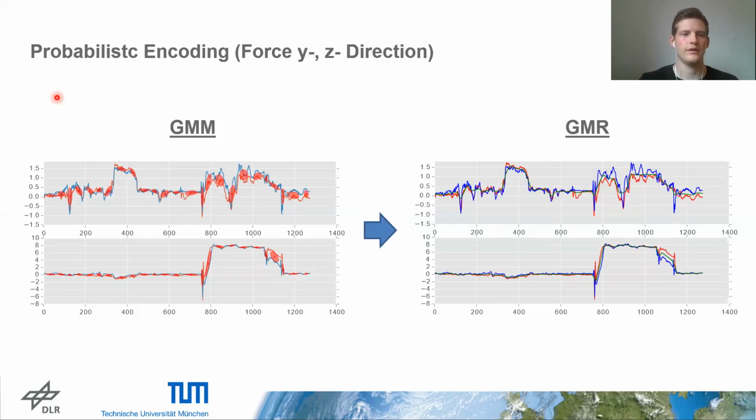We then use these sensor values to learn multivariate Gaussian distributions in the form of a time-parameterized Gaussian mixture model. This Gaussian mixture model is then used as an input for a Gaussian mixture regression, which provides us with a vector of mean values and a covariance matrix for every time step.